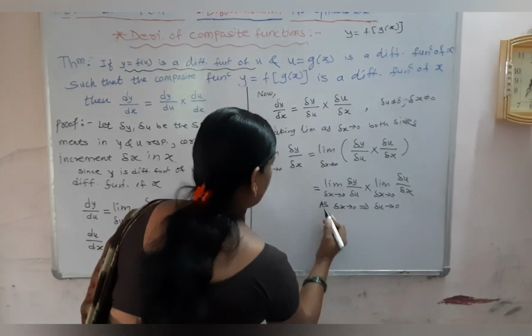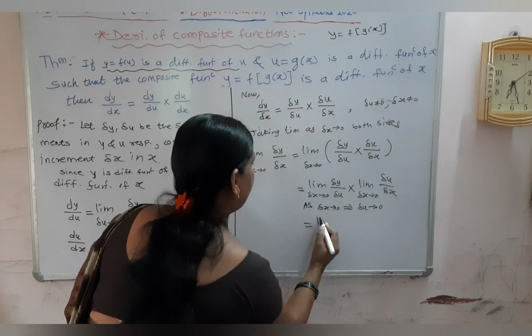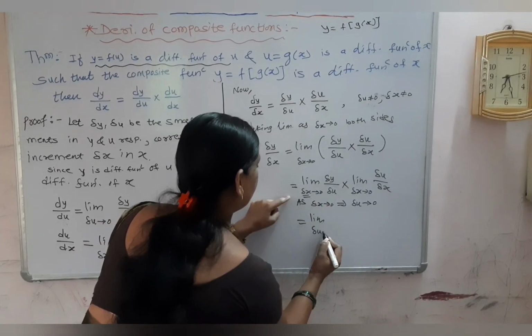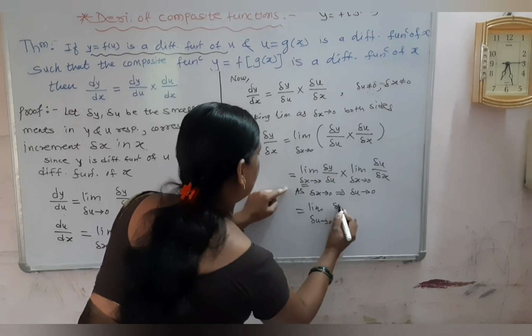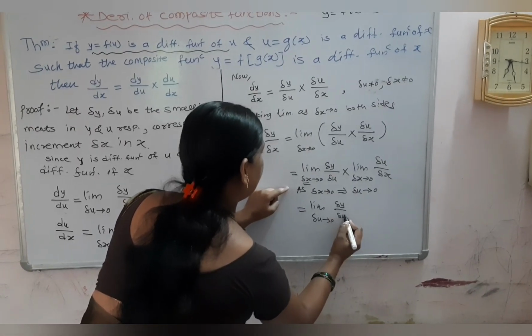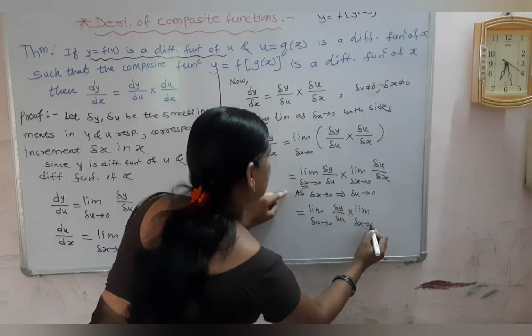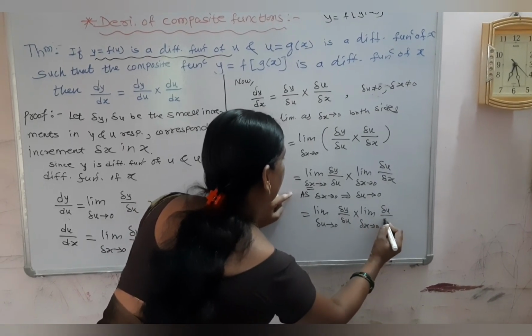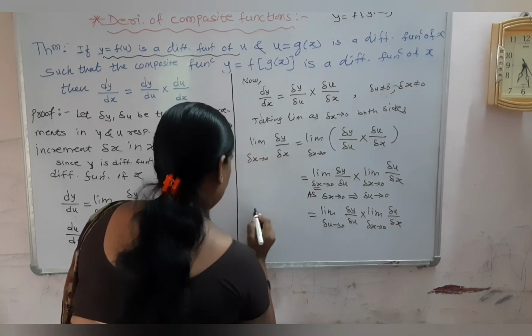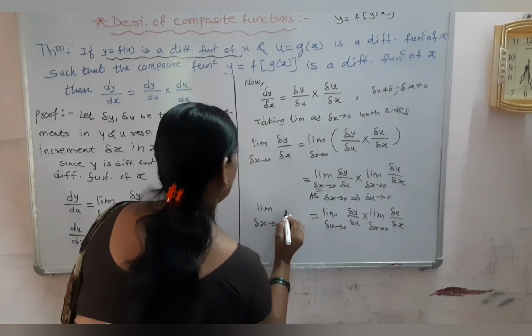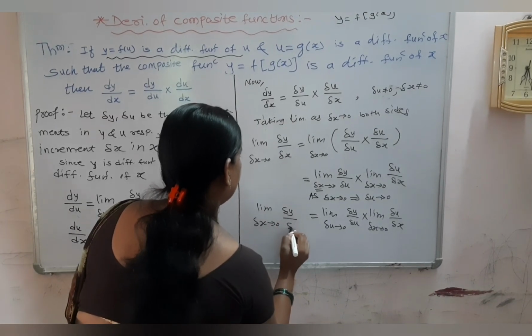So we get limit delta u tends to 0 delta y by delta u into limit delta x tends to 0 delta u by delta x, and the left hand side is limit delta x tends to 0 delta y by delta x.